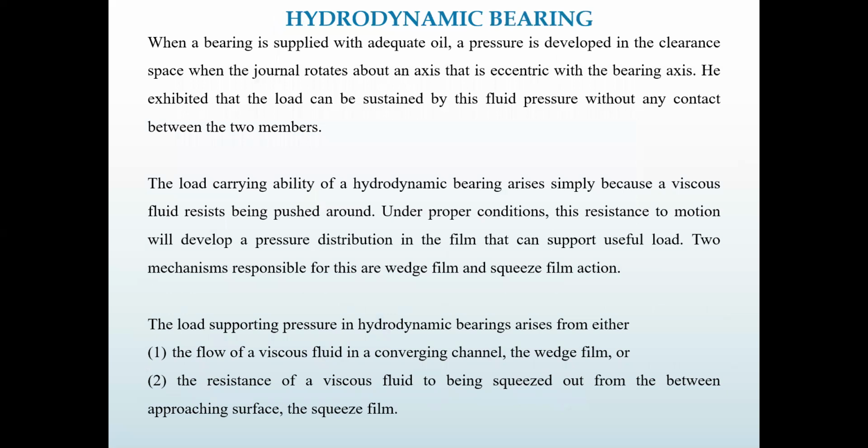Now next is the hydrodynamic bearing. When the bearing is supplied with adequate oil, pressure is developed in the clearance space when the journal rotates about an axis that is eccentric with the bearing axis. At the initial condition it is eccentrically mounted, which is called the rest condition.